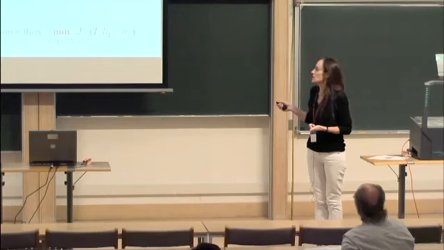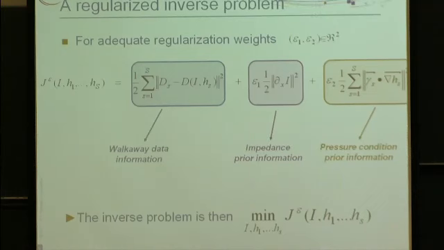So we have a uniqueness result, and you have also a stability result, at least for noise-free data. So we have no mathematical proof, but we are very hopeful.